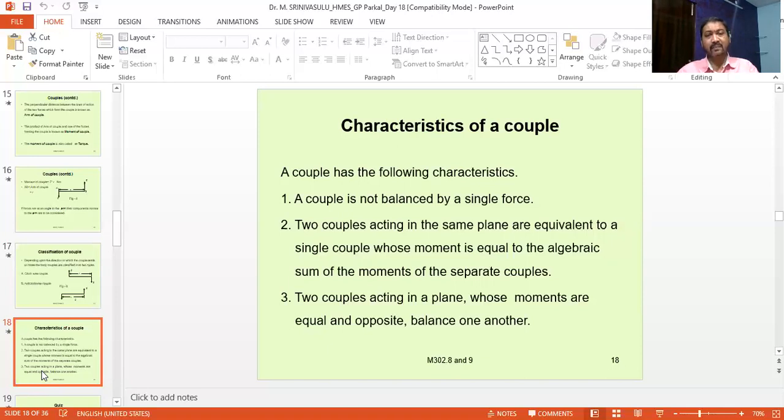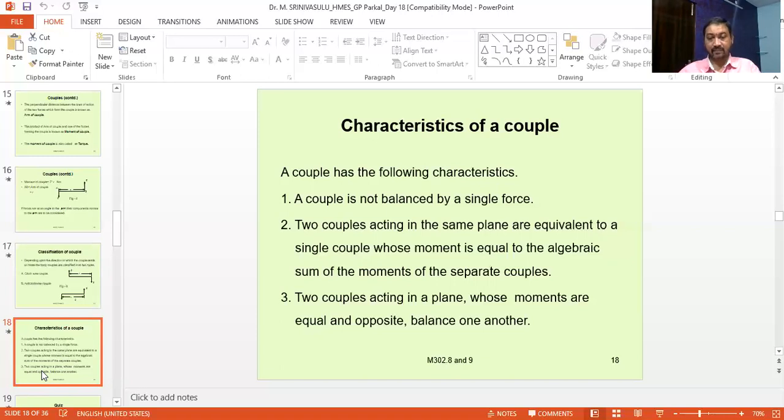So by finding the algebraic sum with the proper signs, we can add the two couples, and we can find out the net effect of the couples acting on the body when two or more couples are acting.